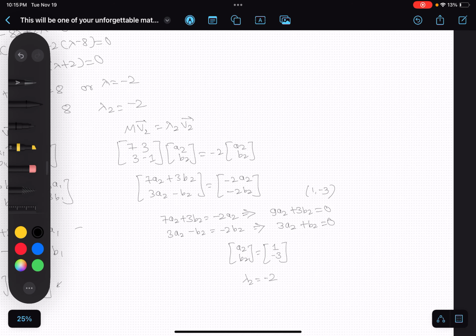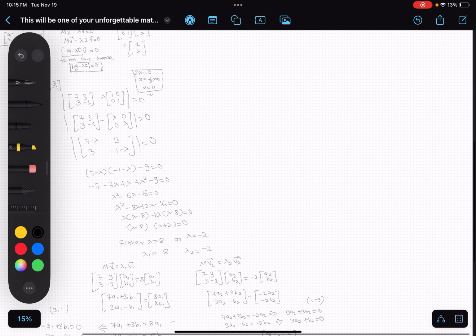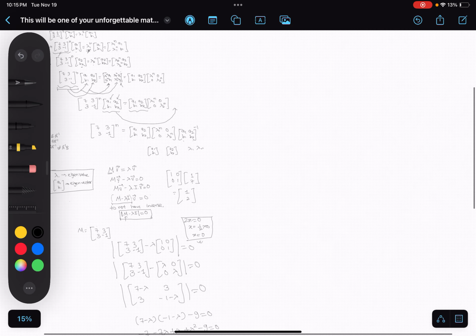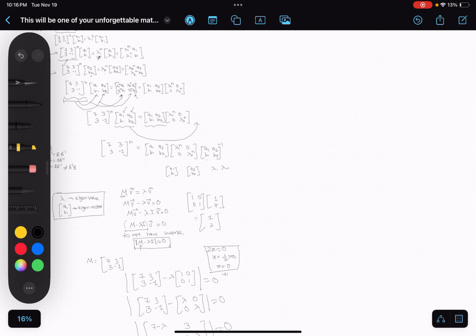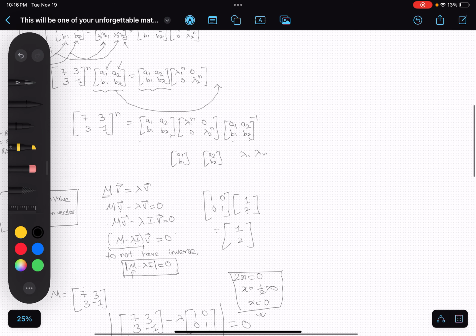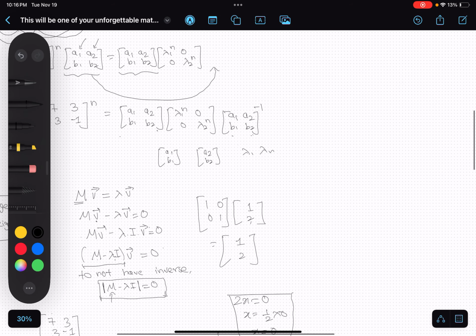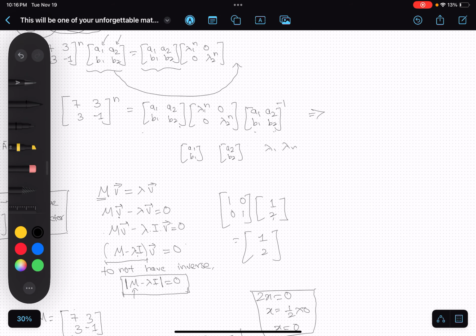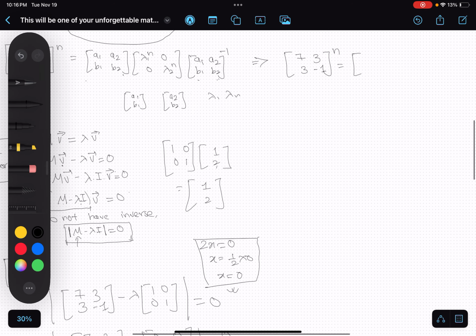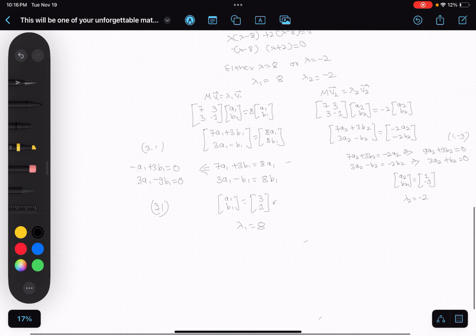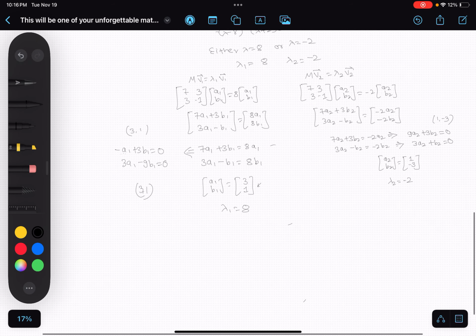Okay guys, now we have all these values, and let's get back to our original formula over here. Now let's substitute them. Okay, now I can say that this [7 3; 3 -1] to the power n is just, so our a1 b1 vector is 3 1 and a2 b2 is 1 minus 3.